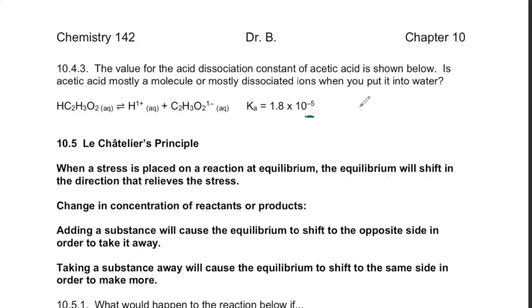Here we have another small number. So we have something that is mostly the reactant, mostly the acetic acid molecule, and we've talked about this before as well in the previous chapter, that weak acids are weak electrolytes because they mostly stay together as the molecule. Very little of it becomes the ions. So there's very little ion here, mostly neutral, uncharged molecules.